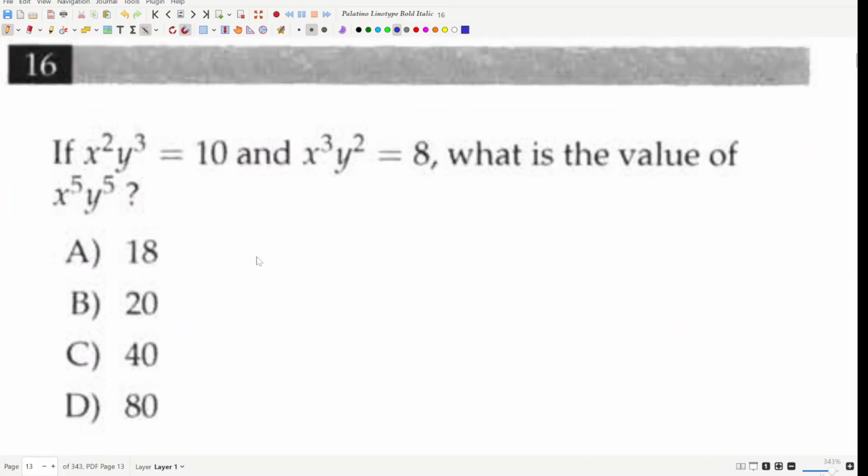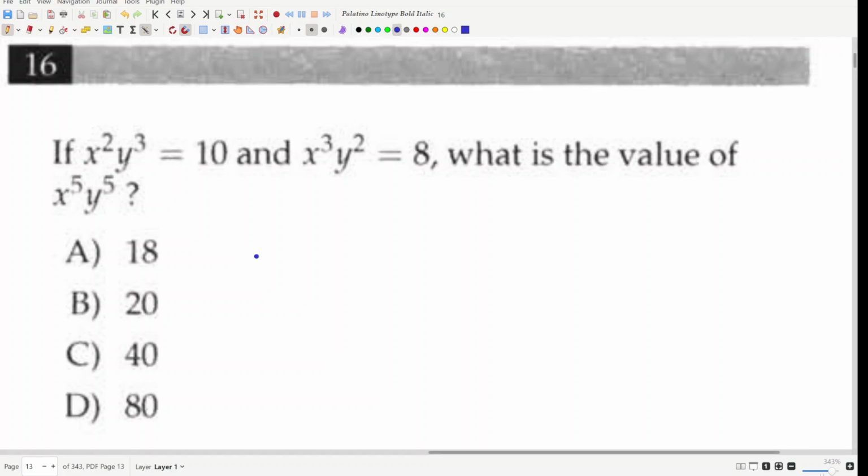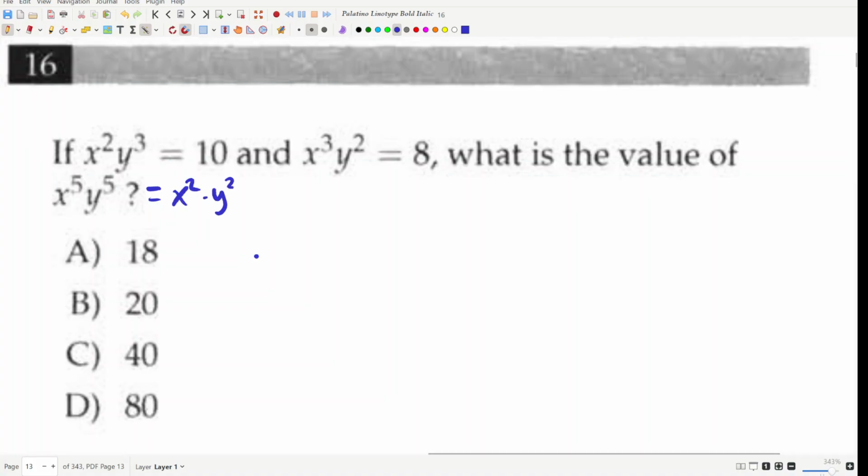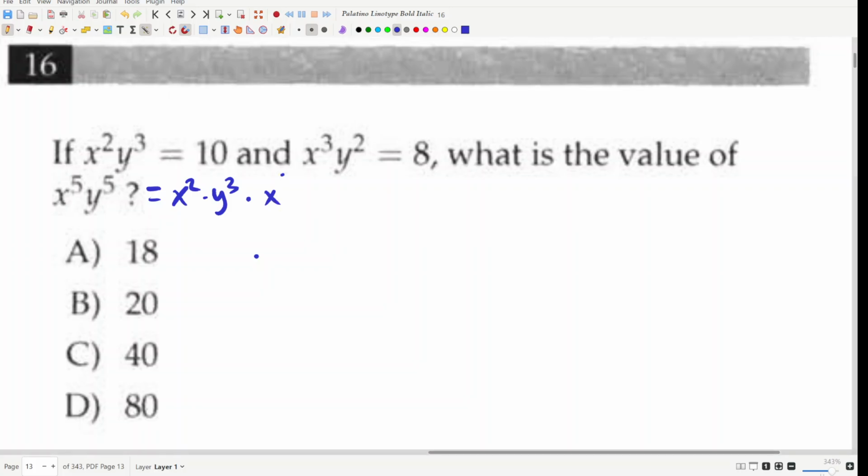Question number 16. If x squared times y cubed is equal to 10 and x cubed times y squared is equal to 8, what's the value of x to the power of 5 times y to the power of 5? So x to the power of 5 times y to the power of 5 is equal to x squared times y cubed times x cubed times y squared.